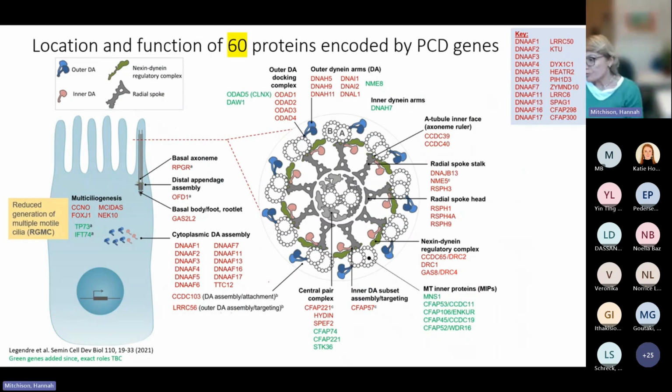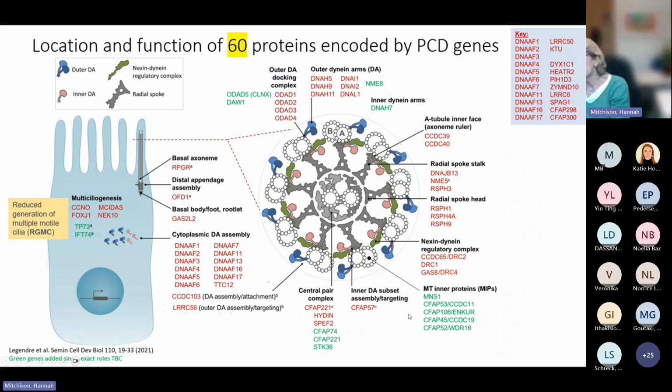To summarize a lot of information, this is a wonderful picture, again created by Marie Legendre in a review written in 2021. And what I've done here is just updated it with the new genes. So green genes, and I'm not claiming this is even the complete list of PCD genes, but we have several central pair complex genes, those MIPs, an outer dynein arm component, inner dynein arm component, and a couple of docking complex components, and also genes involved in actual generation of the multicilia.